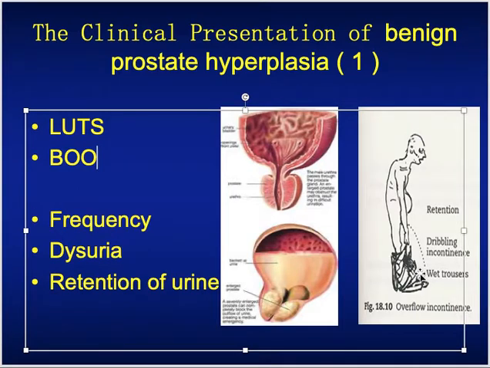Now, the important thing to understand here is that whenever patients have benign prostatic hyperplasia, it doesn't mean they will have symptoms. Most of the time, they don't have any symptoms, not at all. But sometimes they do present with lower urinary tract symptoms, or obstruction, or symptoms of bladder outflow obstruction.